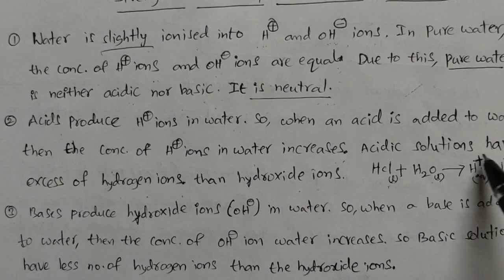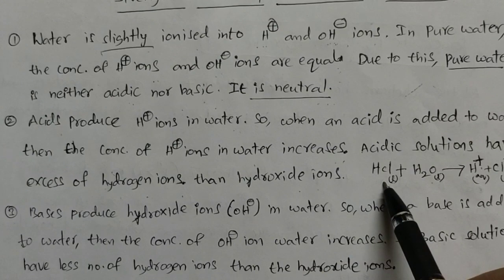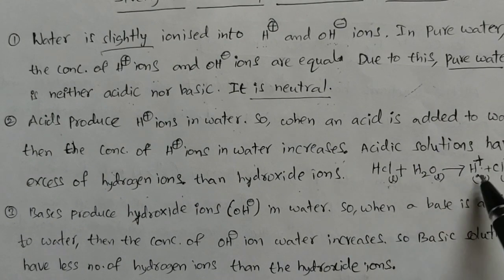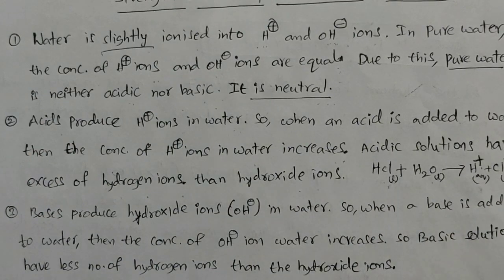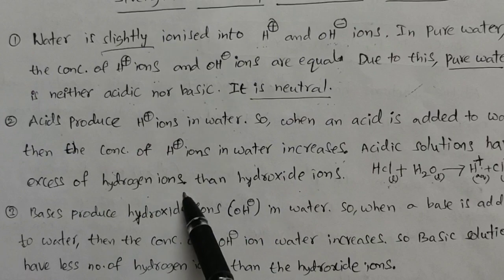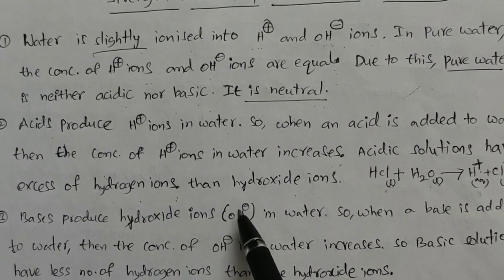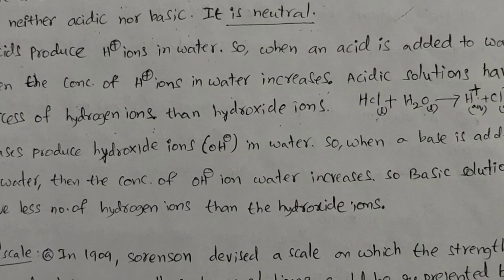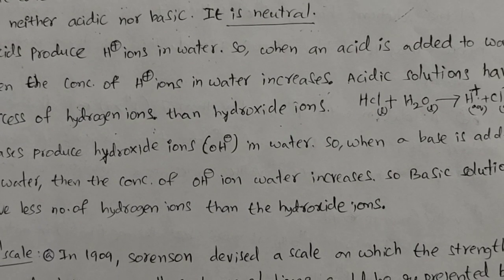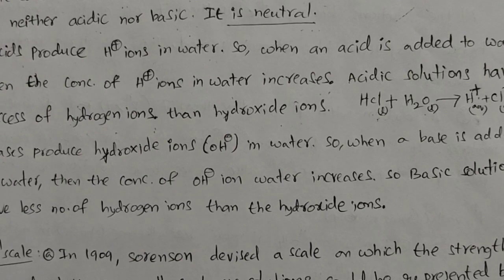So because of the newly produced H plus ions, the concentration of H plus ions in water is increased due to the addition of acid. So acid solutions have excess H plus ions than OH minus ions.